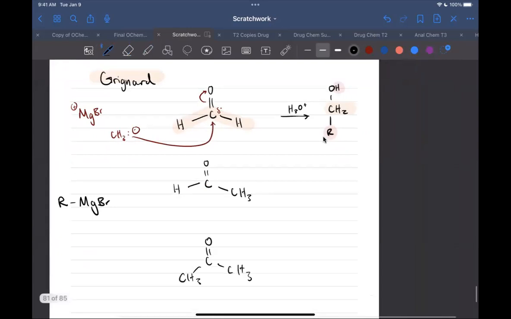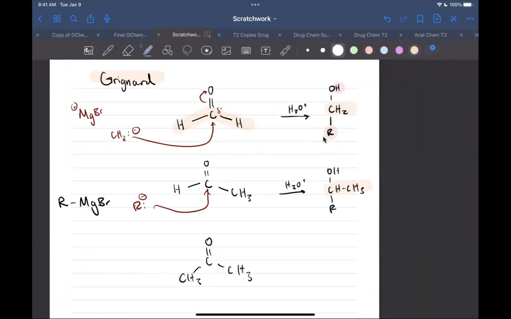Okay, let's do it again. H3O plus. And let's have that R group attack here. Well, we have our CH3, R group, OH, right? This is just that. Then oxygen. So that oxygen, well, we add that proton from the H3O plus and that R group from our Grignard reagent.